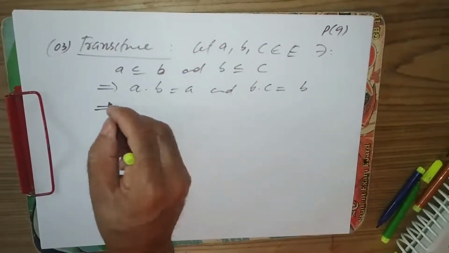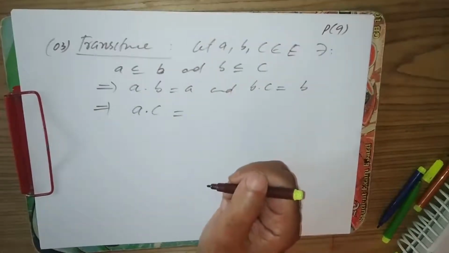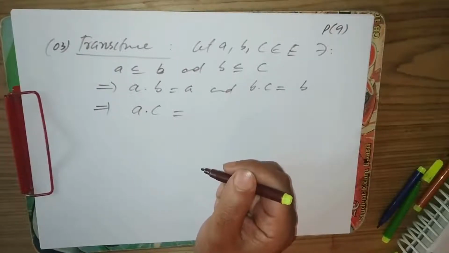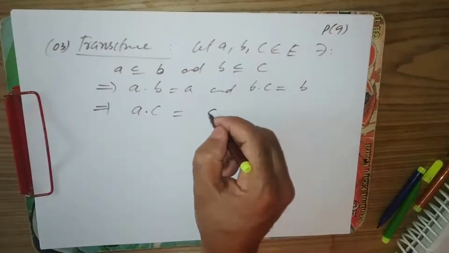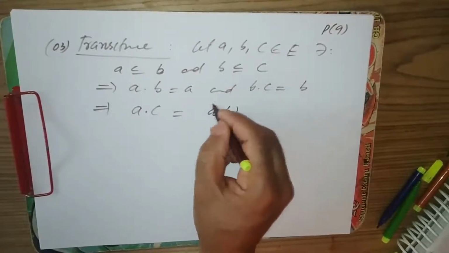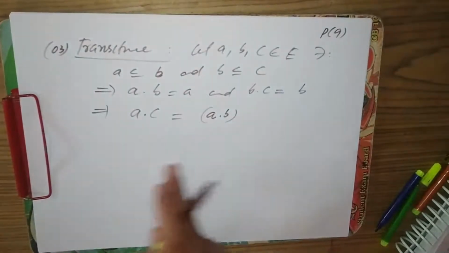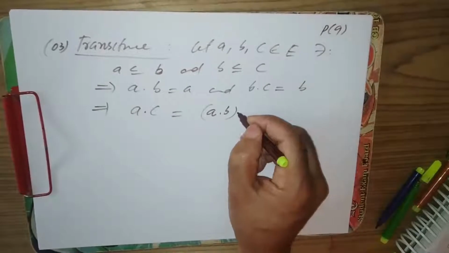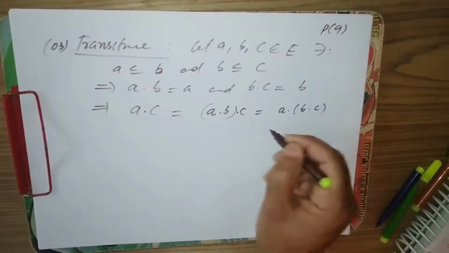So for this we calculate A dot C. A is the same as A dot B, so it's equal to A dot B dot C. Now apply the associative property. What's B dot C?